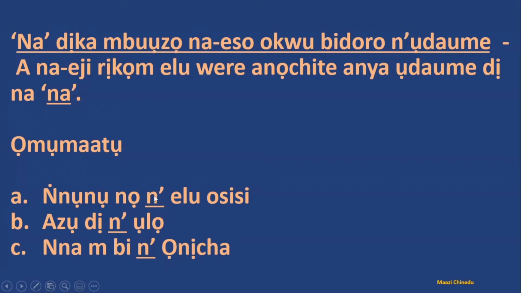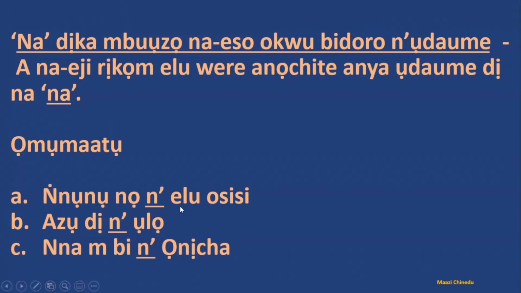Nnụnụ nọ n'elu osisi. In this sentence, there's supposed to be a here, but because the word that follows na starts with a vowel, you remove the a and replace it with an apostrophe.